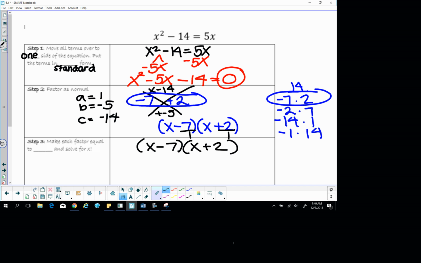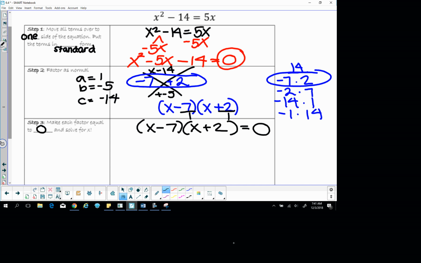Cool. Step 3, make each factor equal to 0 and solve. Here's my factored form. Now we just make each of these factors equal to 0 and solve. So I'm going to make x minus 7 equal to 0 and x plus 2 equal to 0.